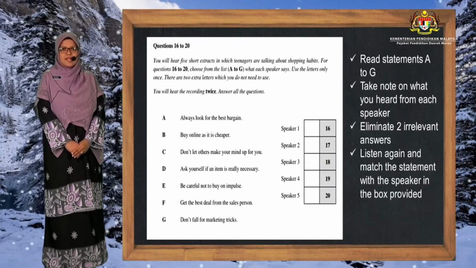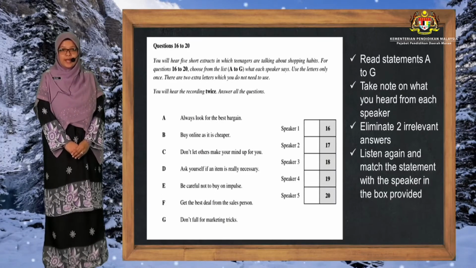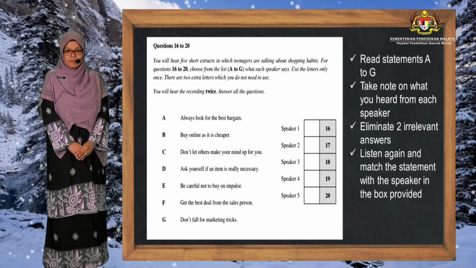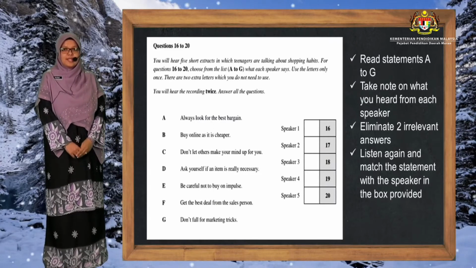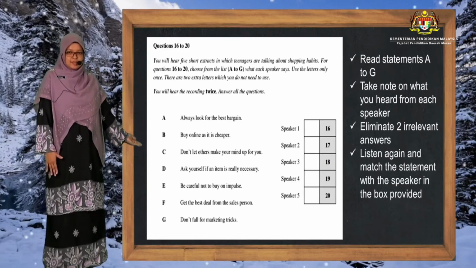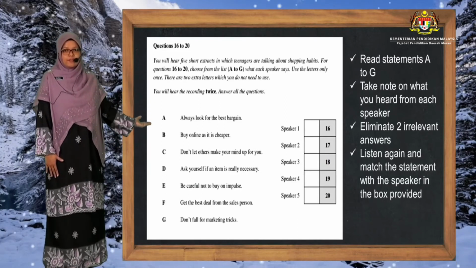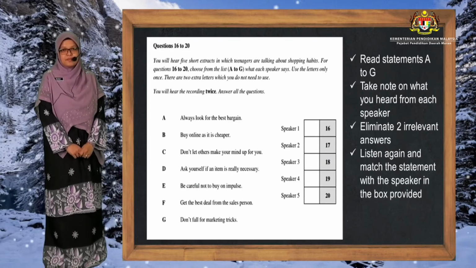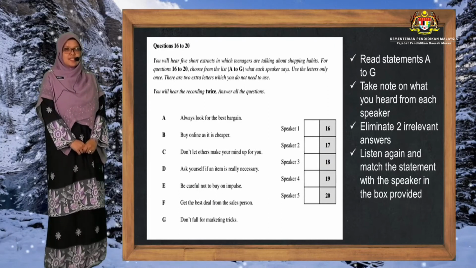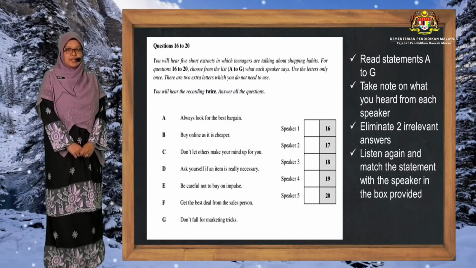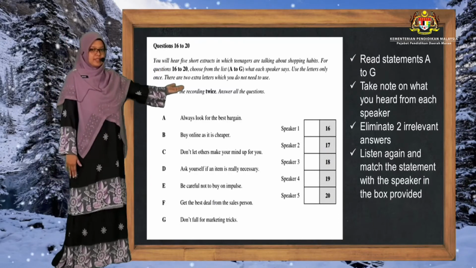So you must take note of what you heard from each speaker. There are 5 speakers. So while listening, you eliminate 2 irrelevant answers. Then you listen again and match the statement with the speaker in the box provided on my right side.